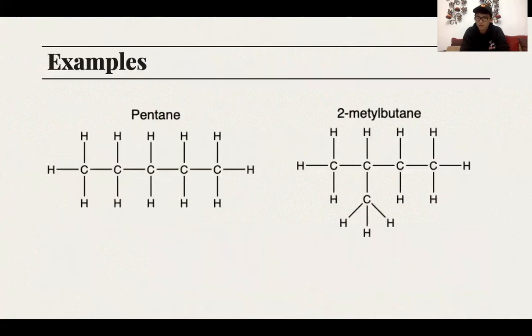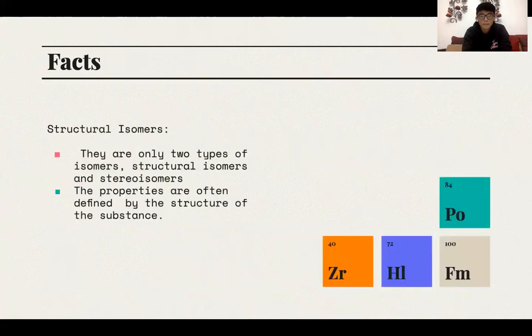Here we have some examples, such as pentane and 2-methyl-butane. A fact about isomers is that there are only two main types, which are structural isomers and stereoisomers. And the properties are often defined by the structures of the substance.